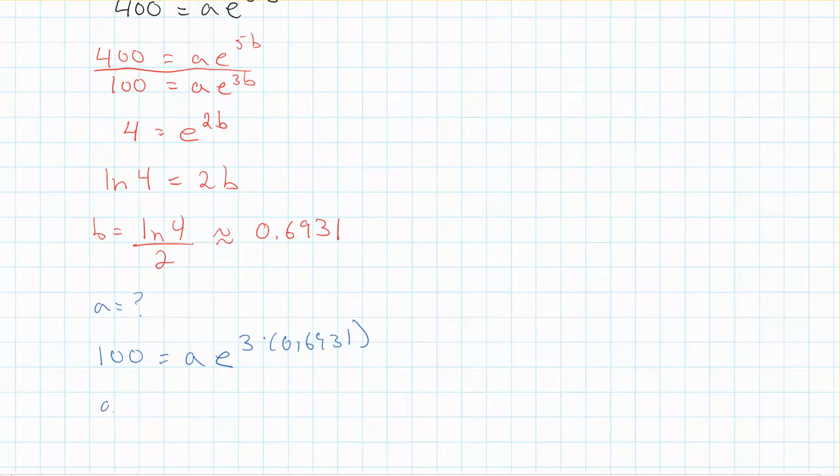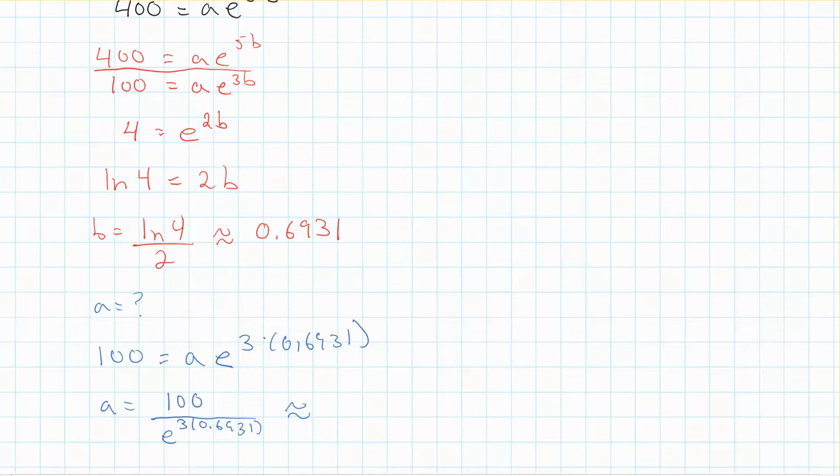And then a is equal to 100 divided by e to the 3 times 0.6931. So again, we'll write this as a decimal answer.